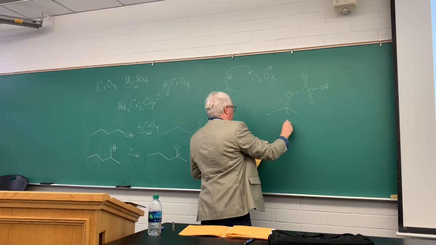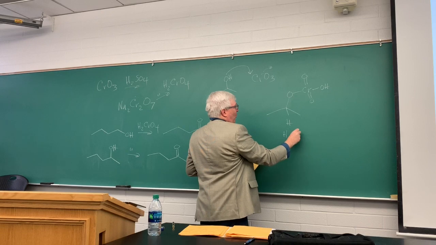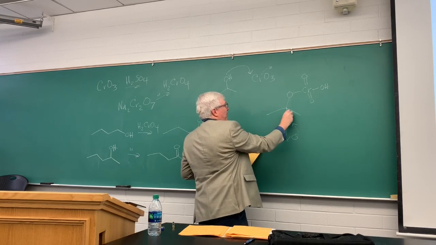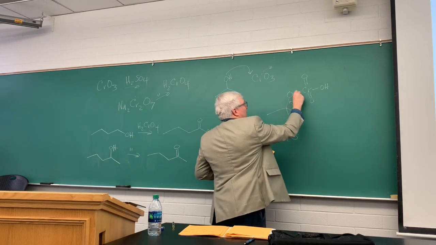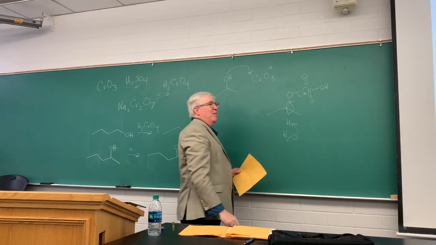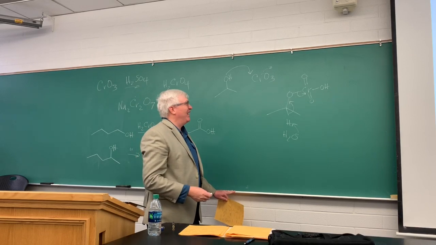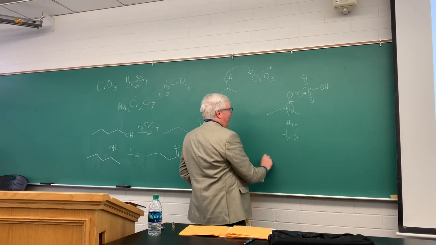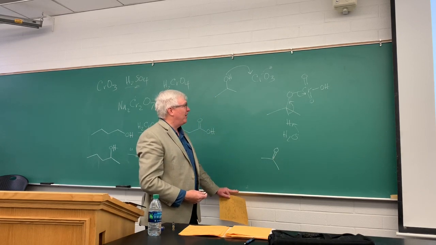And the oxygen lone pairs, you see, attacked the chromium and made that intermediate. Well, then what occurs here? Well, you have this. A weak base here, water, can take the proton off there, flow the electrons up here to form the carbonyl, and flow the electrons into chromium. And chromium gets reduced, okay? Just like we saw with osmium. What do we get here? We get the oxidation product, in this case the ketone from the secondary alcohol.